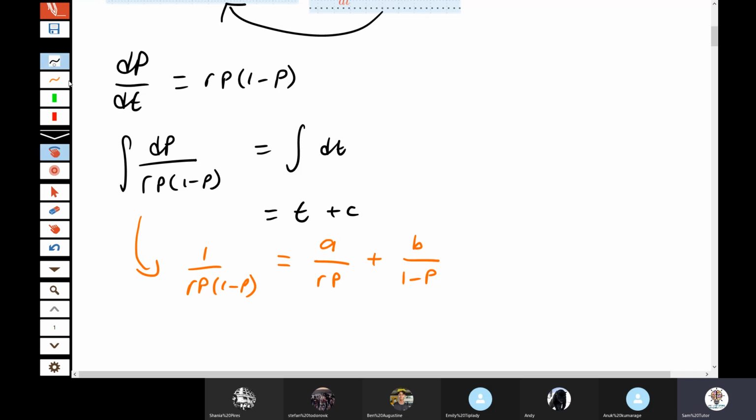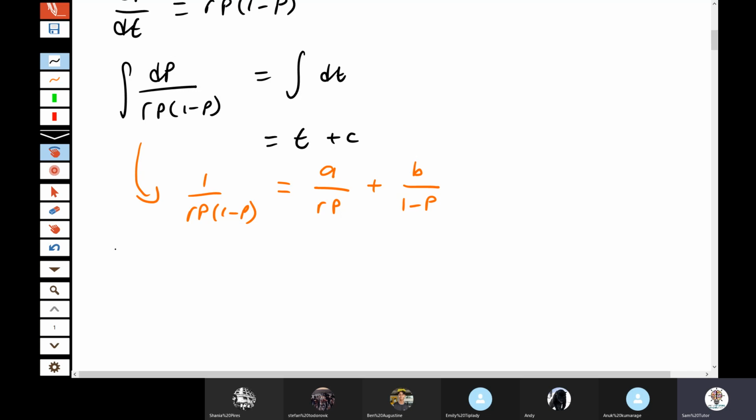What are those constants? Well, at this stage, we want to write equating, for example, numerators. What's your numerator on your left-hand side? 1. What's your numerator on your right-hand side? It's not a plus b. Your numerator is a multiplied by 1 minus p, because you would have to make this into a common denominator.